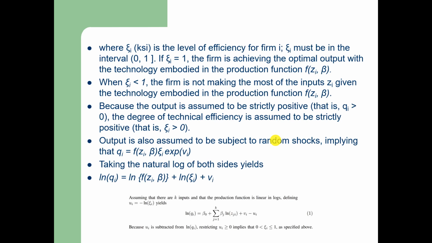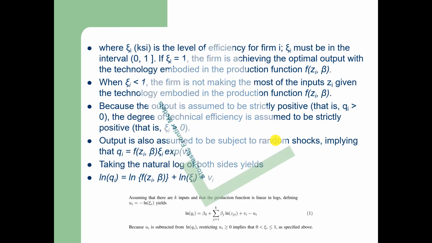Since ui is subtracted from the natural log of output, this restricts ui to be greater than or equal to 0, and it implies that 0 is less than psi i, which is less than or equal to 1 as specified above.